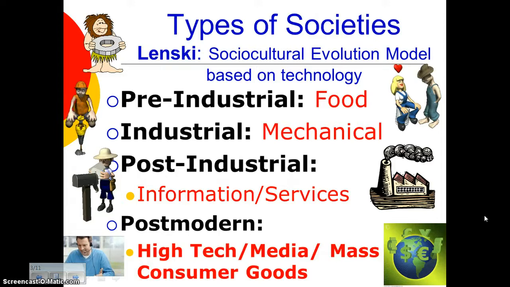A postmodern society is where we're so technologically advanced and preoccupied with consumer goods, media images, and things like that on a global scale. Goods and images represent the influences of many cultures.